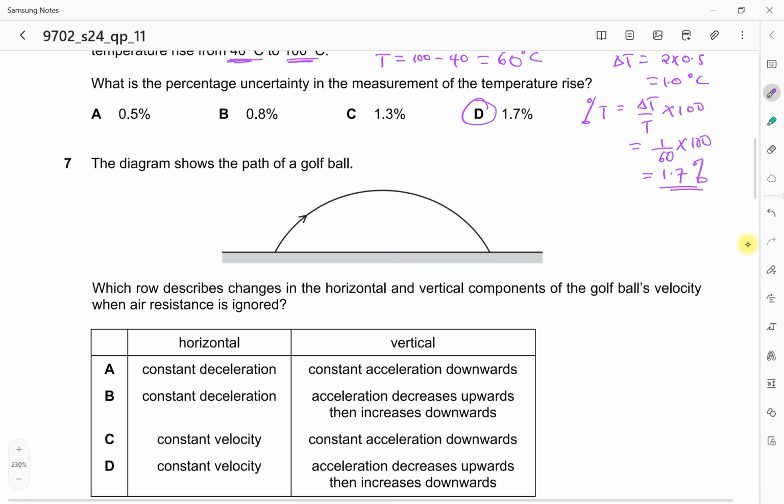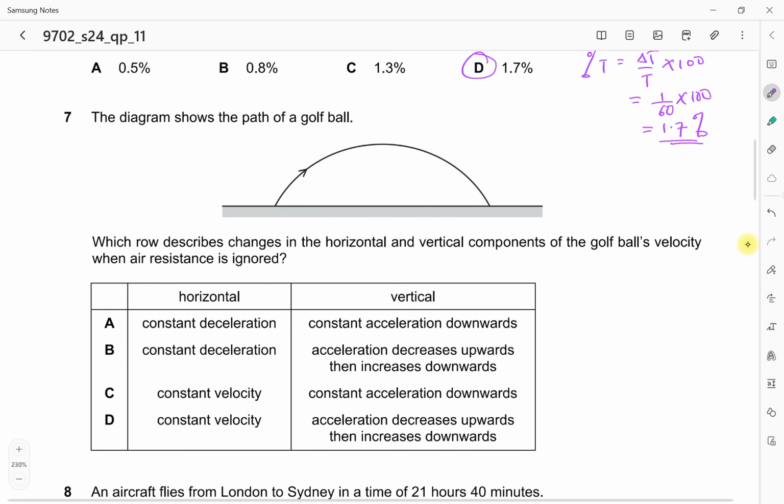The diagram shows the path of a golf ball. Which row describes changes in the horizontal and vertical components of the velocity when air resistance is ignored? When air resistance is ignored, the only force acting is the force due to gravity, and this acts vertically downwards.